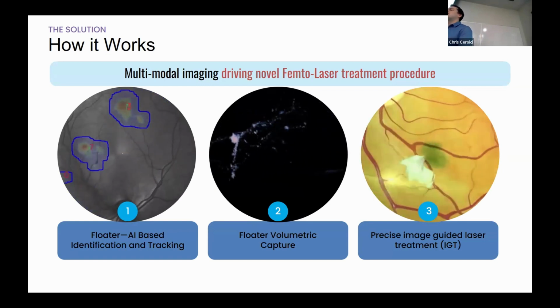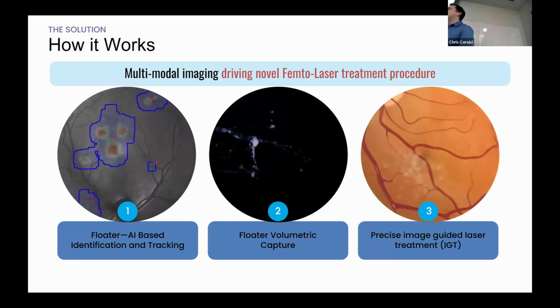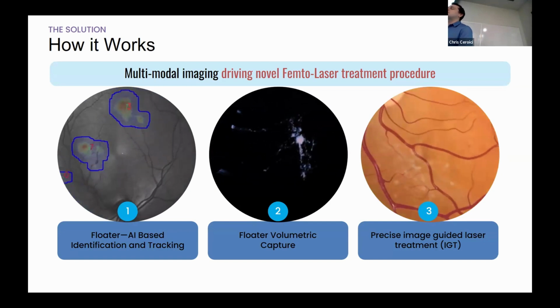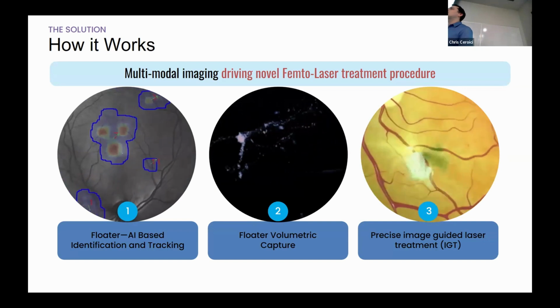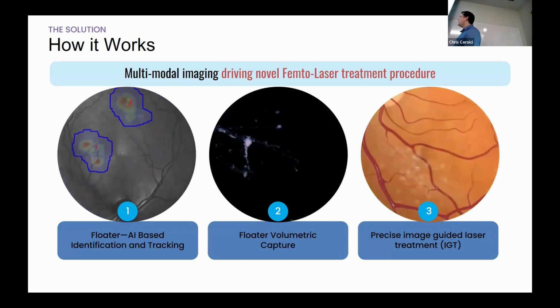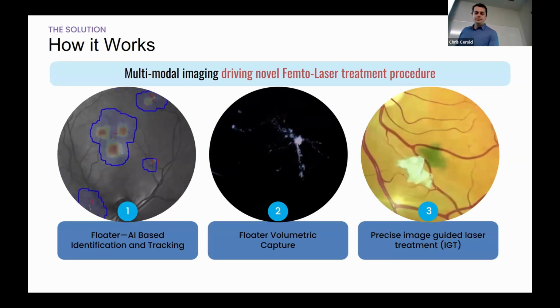If you imagine like a 3D geometry sloshing around in the vitreous, and we want to fire a laser at that, not just once, but potentially dozens of times to treat it, but it's constantly moving. So it's a challenging problem. You can't rely on just a human to guide this in real time. And then we ablate it with our femtosecond laser.